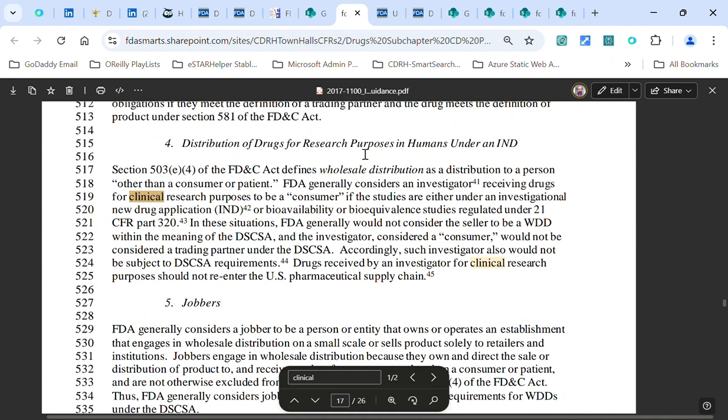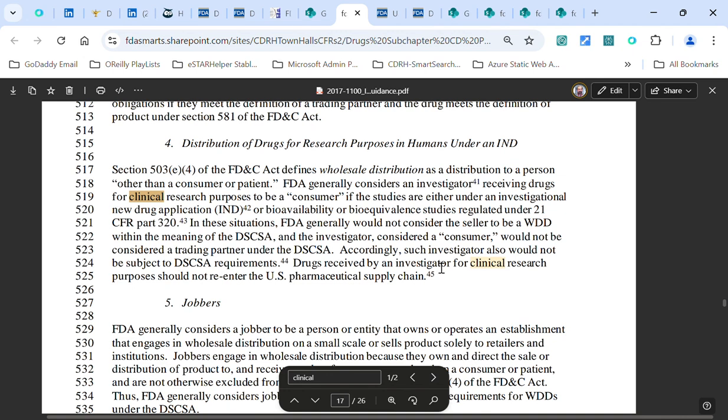Distribution of drugs for research purposes in humans. In essence, accordingly, an investigator, which is not considered a trading partner as per the definition of DSCSA trading partners. Accordingly, such an investigator also would not be subject to DSCSA requirements.